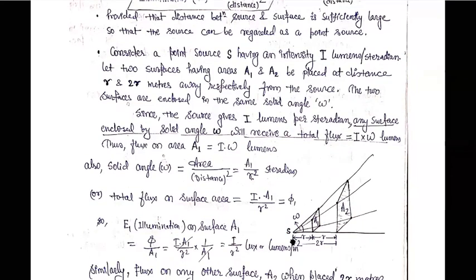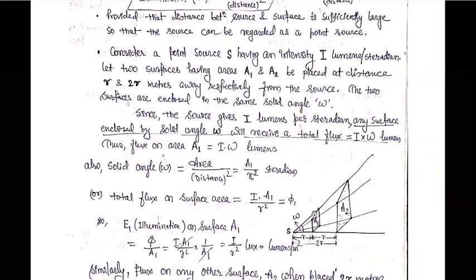तो इसमें क्या होता है, अगर हम इस फर्स्ट सरफेस को कंसीडर करते हैं, जिसका एरिया A1 है, और हम कंसीडर करते हैं कि सोर्स जिसका इंटेंसिटी है I lumen per steradian, और सॉलिड एंगल है omega.